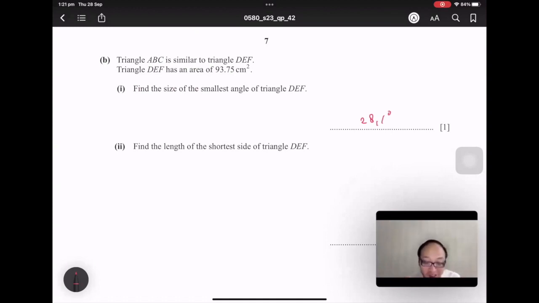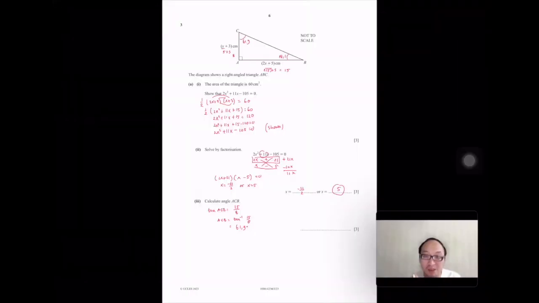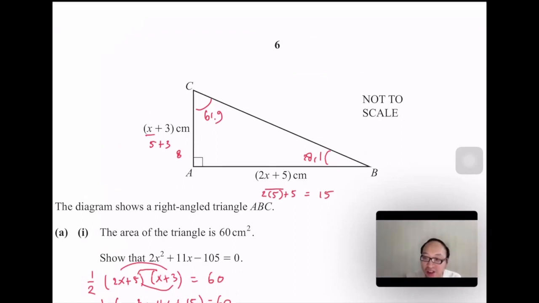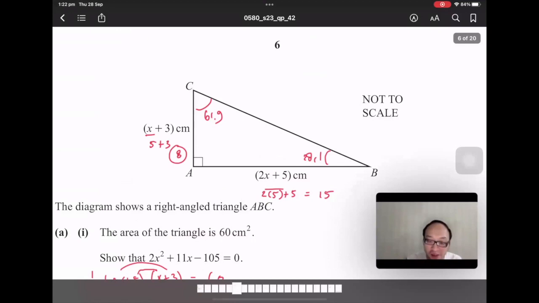Find the length of the shortest side of triangle DEF. The shortest side of triangle DEF. We know that it will similar to ABC. So the shortest will be this 8 in ABC.